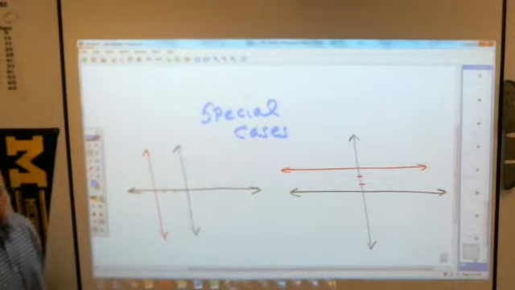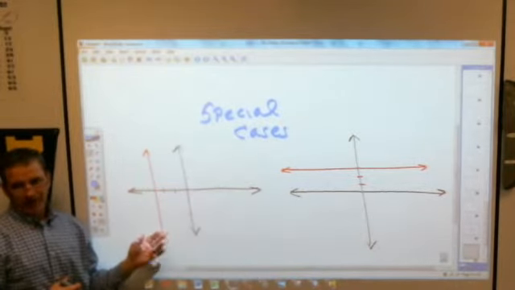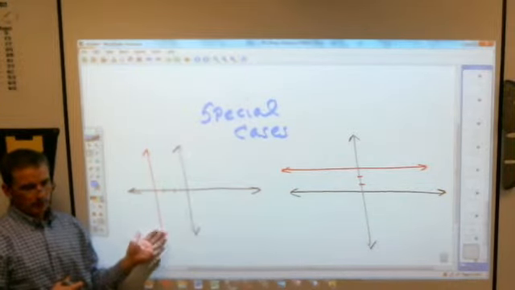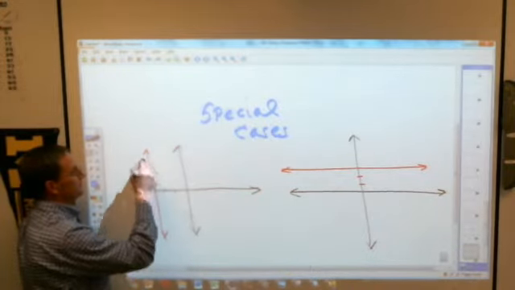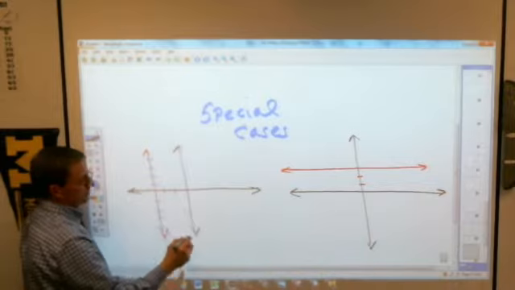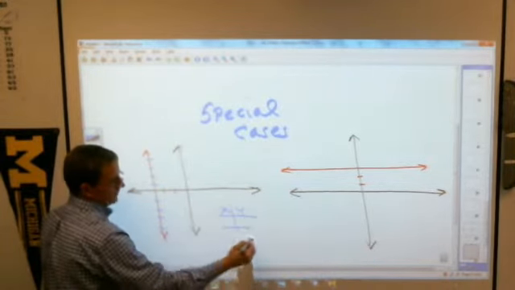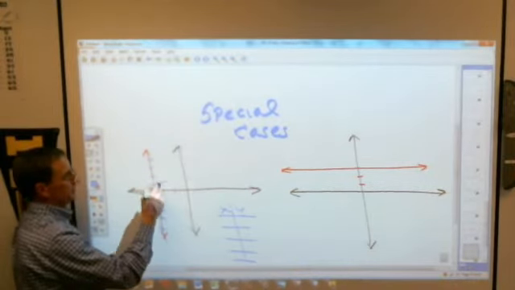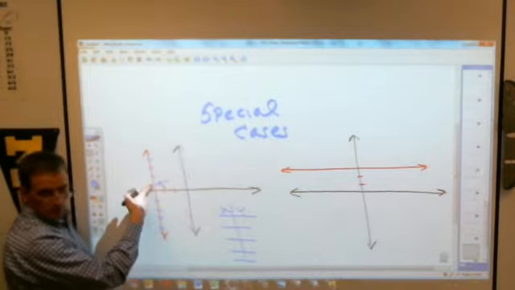If I asked you to give the linear equations for these two lines, any ideas what this would be? Now, before you answer that, let's look at some points on the line. You don't have to write this down, I just want you to think about it. What are the coordinates of this point right here? Somebody?